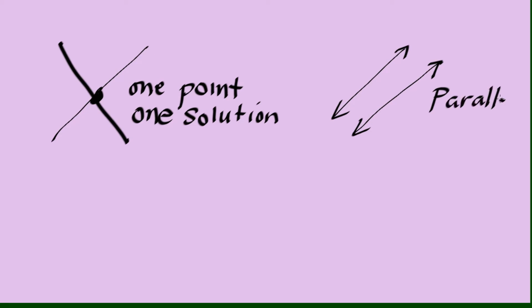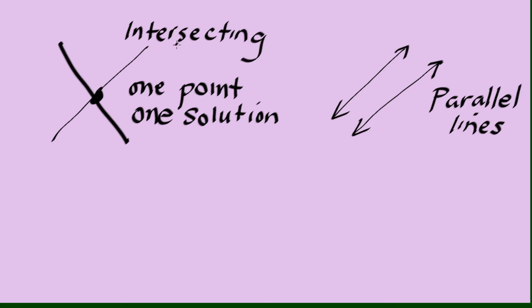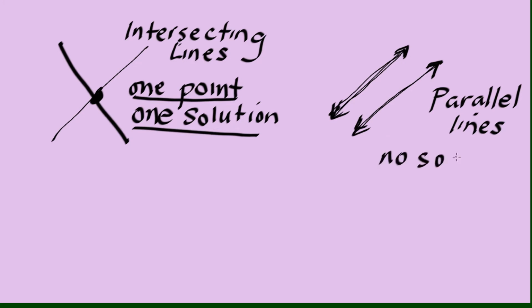By the way, the first one is called intersecting lines. They intersect at one point, therefore we have one solution. When the lines are parallel, they will never cross or meet no matter how far you extend the lines. Because there's no point of intersection, we say the system of equations has no solution.